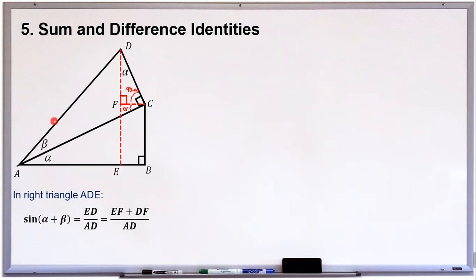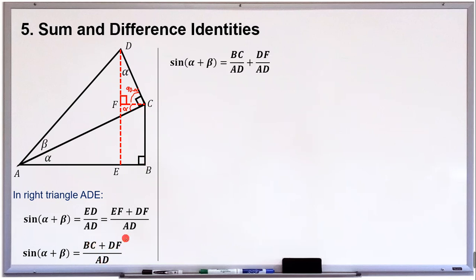So the hypotenuse is this one. Now, from our figure, the side ED can be expressed as the sum of EF, so this one, and DF, so this one right here, all over AD. Now, EF is also equal to this one, the side BC. So we have here BC plus DF over AD.